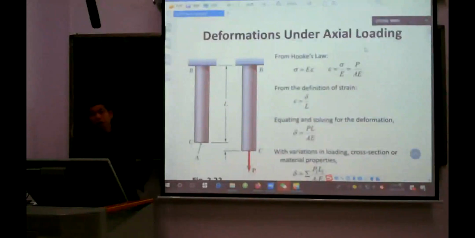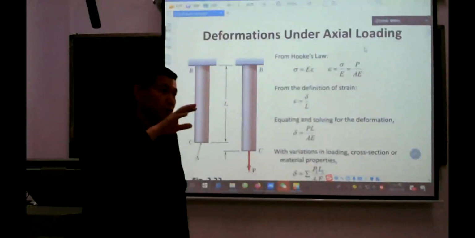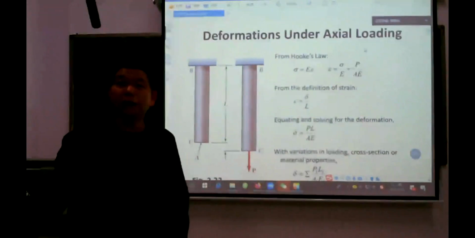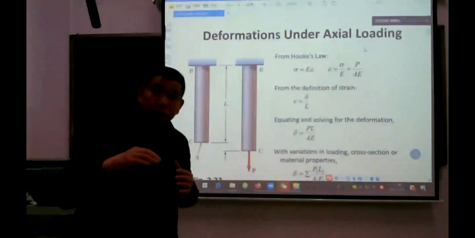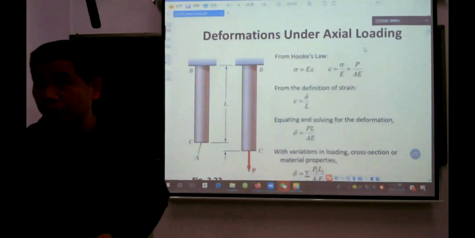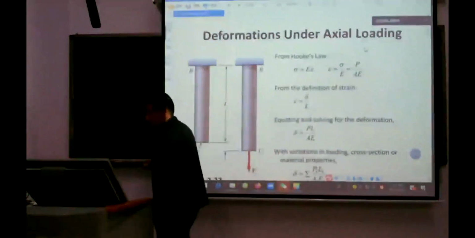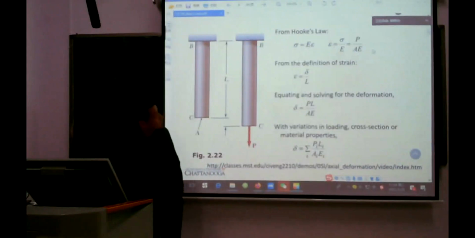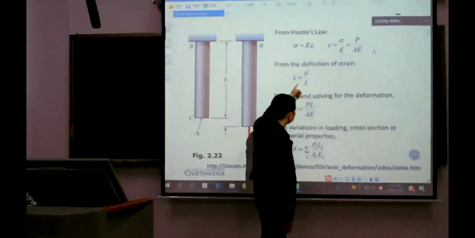Deformation. We know if a member is safe, it can't break. So deformation must be less than the limitation. So we have to know how to find the deformation. We know from Hooke's law, sigma equals E epsilon. Yes or no? And the definition of strain.